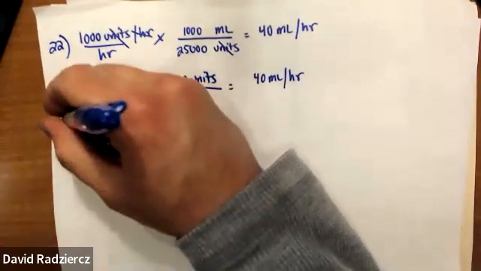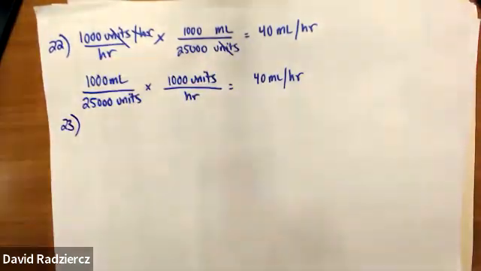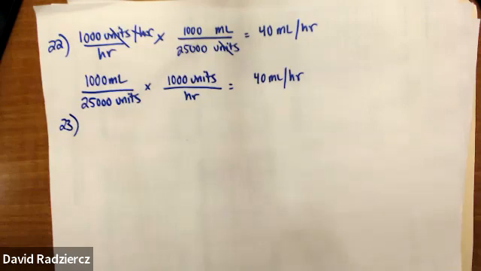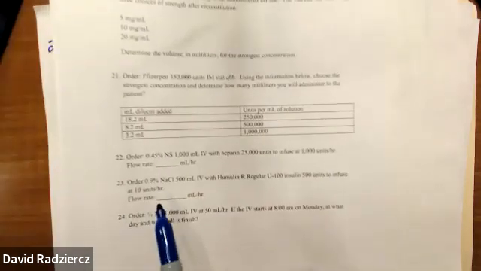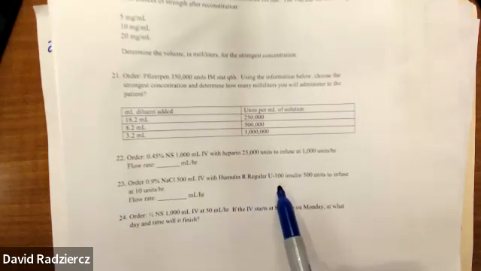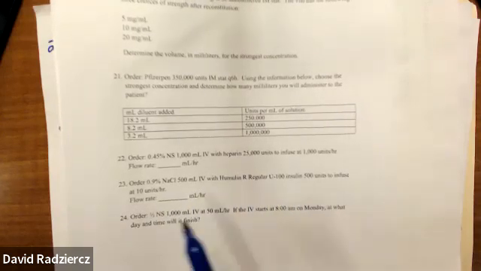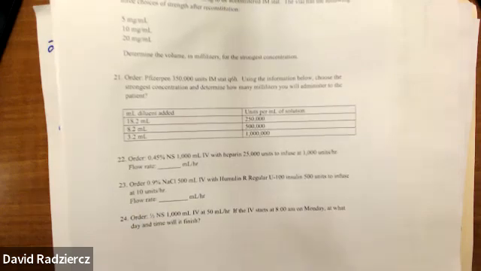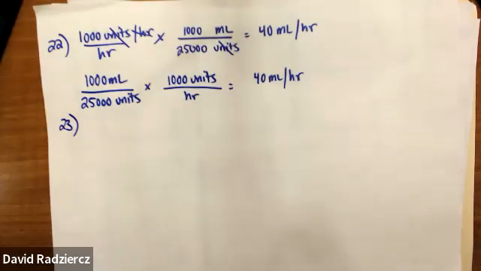Question 23 is going to have a similar setup. The only difference is we're using smaller numbers and we're using insulin instead of heparin. So it says 500 milliliters IV Humulin R, regular U100 insulin, 500 units to infuse at 10 units per hour. So I could set it up both ways like I did here. I'm just going to show you the one way.